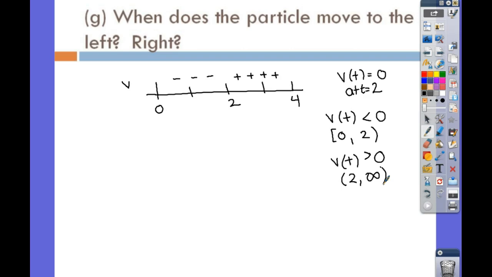What does that mean then in terms of direction? If velocity is negative, the particle is moving in what direction? Left.